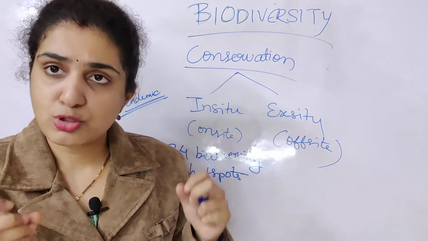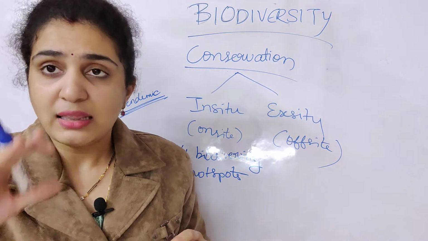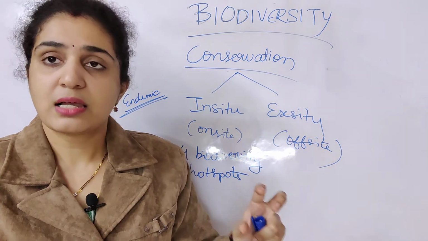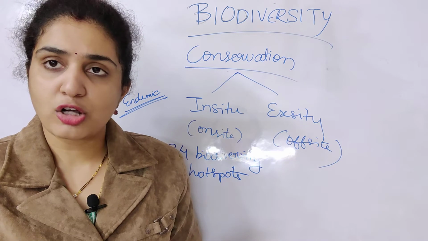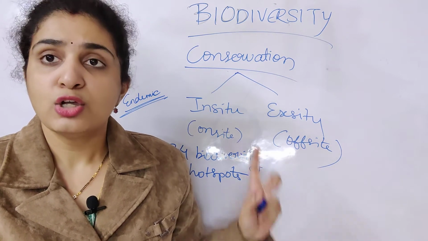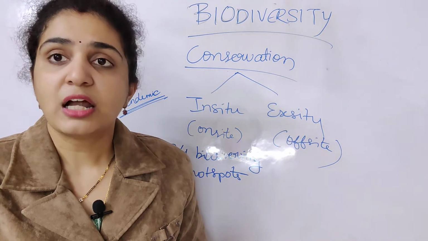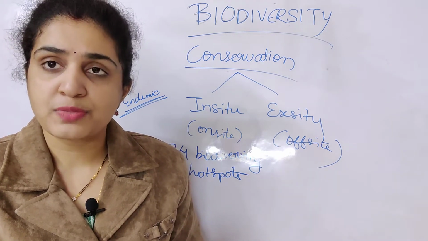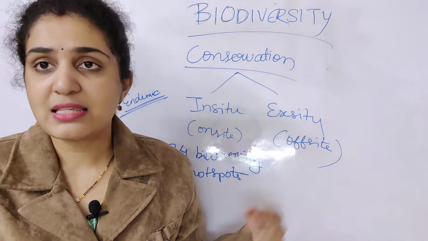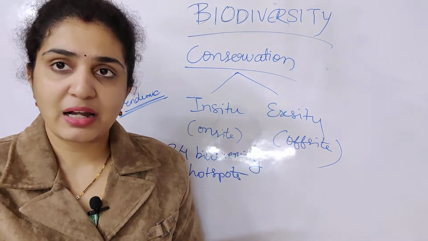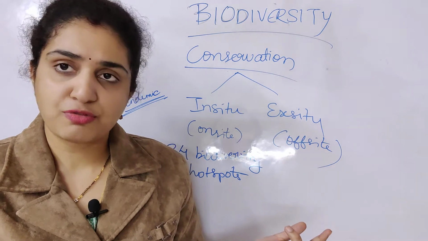If in the Himalayas you see one type of animal, that animal will not be found anywhere else in the world. So it is considered a biodiversity hotspot if they are going to get extinct. Like this, they identified 34 biodiversity hotspots in the world. Three examples for India are the Western Ghats, the Indo-Burma region, and the Himalayas of India.